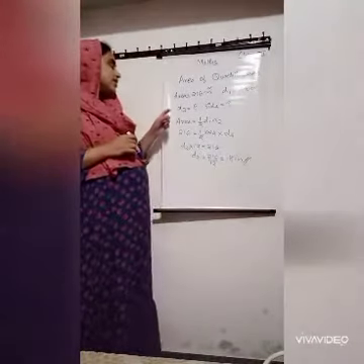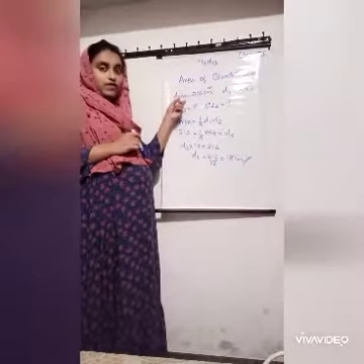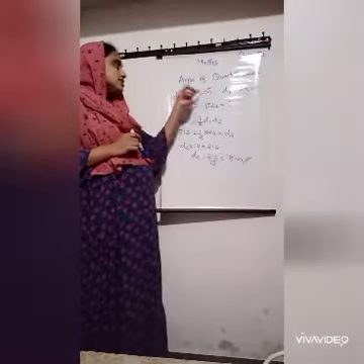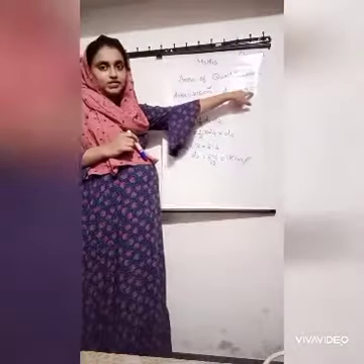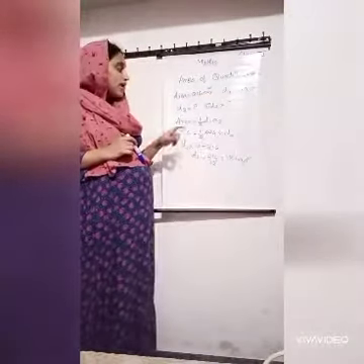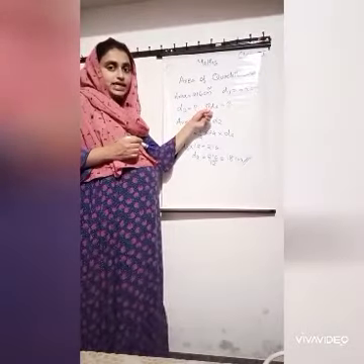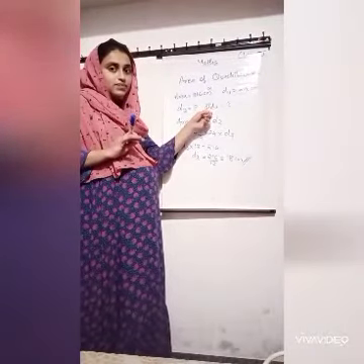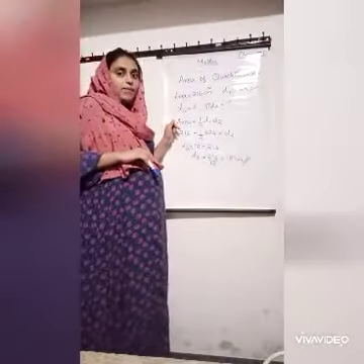Just listen here, I will explain one more time. Question is, given that the area of the rhombus is 216 centimeter square and one of its diagonals has length 24 centimeters. We need to find the length of the other diagonal and the length of the side. Question is very clear? Yes. So we just directly apply the formula.